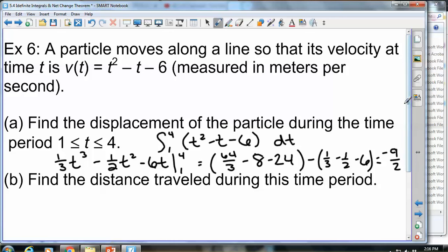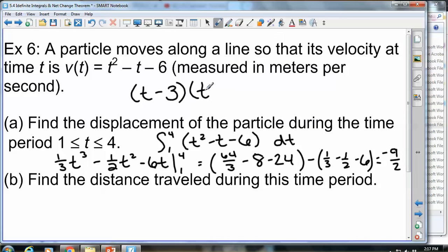Distance traveled is going to be a little bit different. Because in distance traveled, I don't want any negatives. So we have to essentially make sure that we do kind of like the absolute value of this. It would be helpful to figure out when this thing equals 0 so that we know how to break up our integral. So if I want, I could factor that.